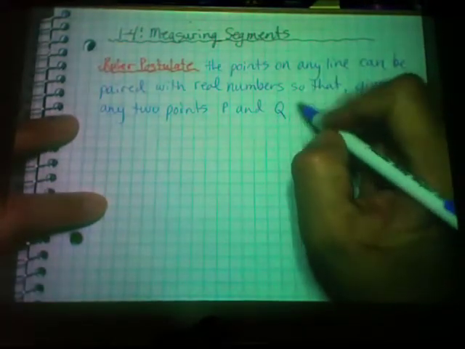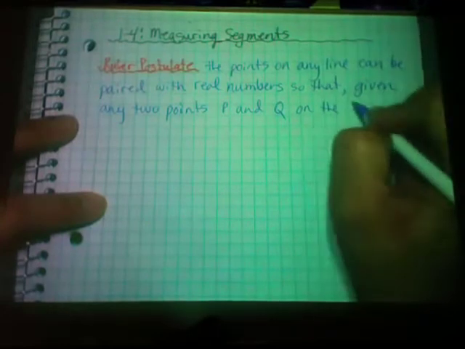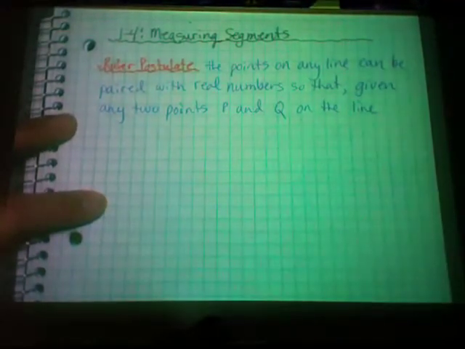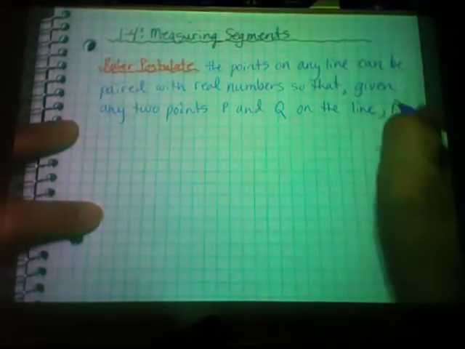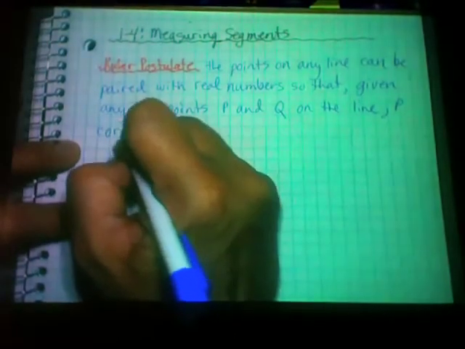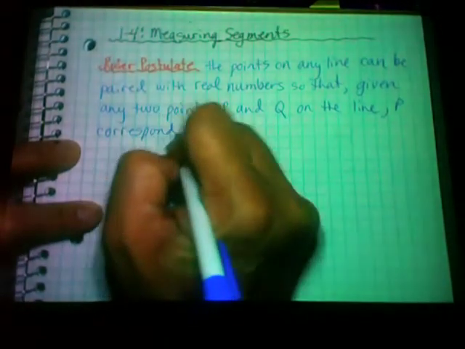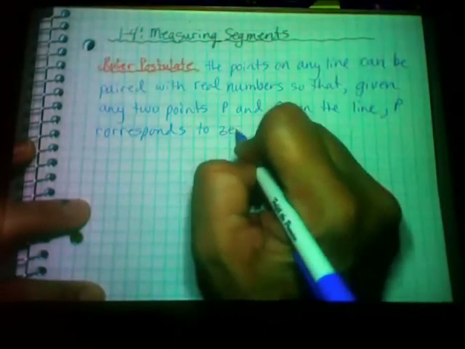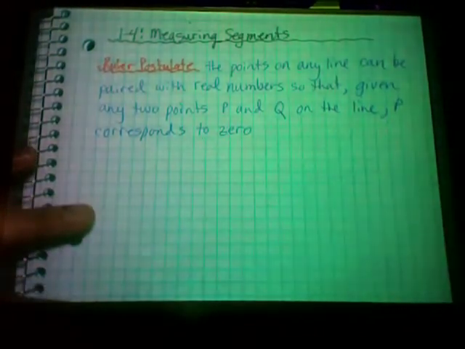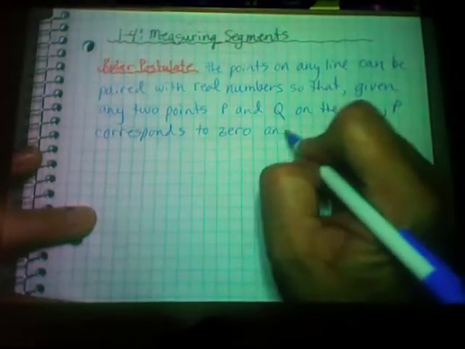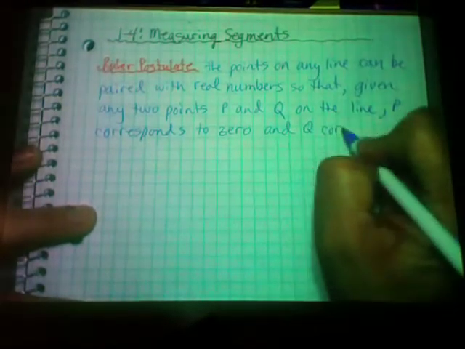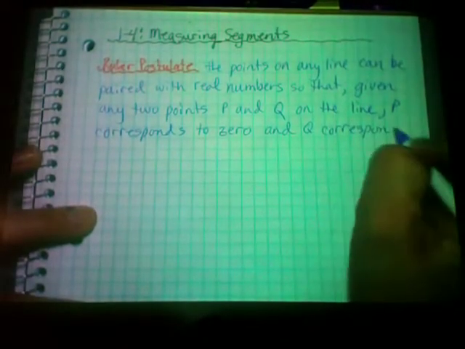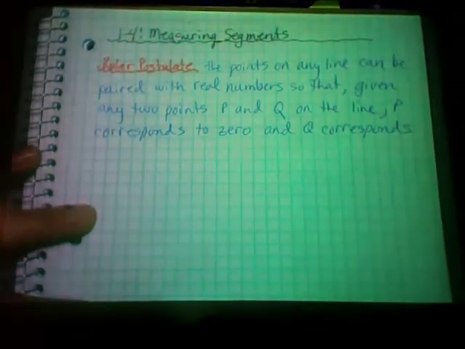So 2 points, P and Q on the line. P corresponds to 0, and Q corresponds, I told you not to panic at all the words, to a positive number.